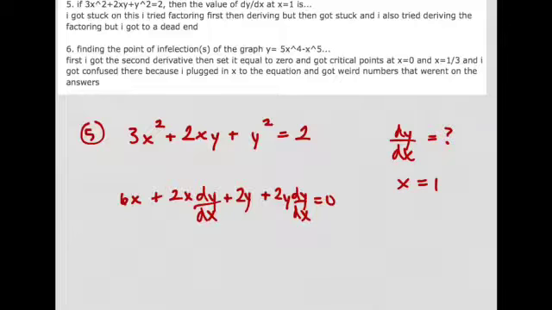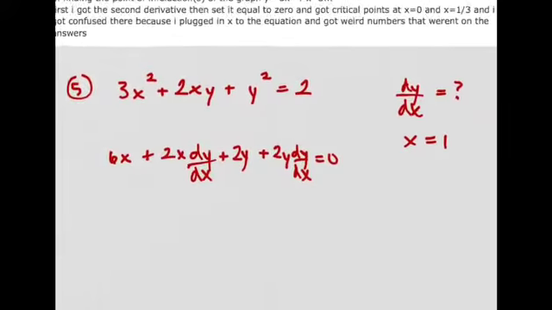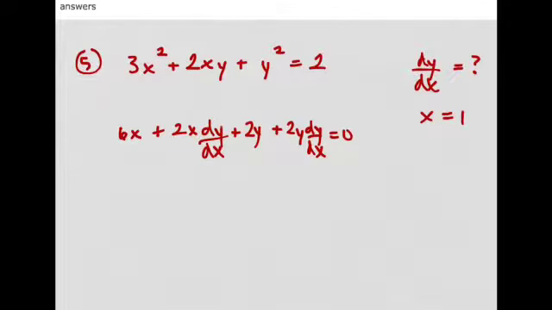So that's all good. Now I'm going to solve for dy/dx. I don't have any like terms right away. I'm going to move that and that over, so I get negative 6x minus 2y, because I'm subtracting that over. And I'm going to factor this out.